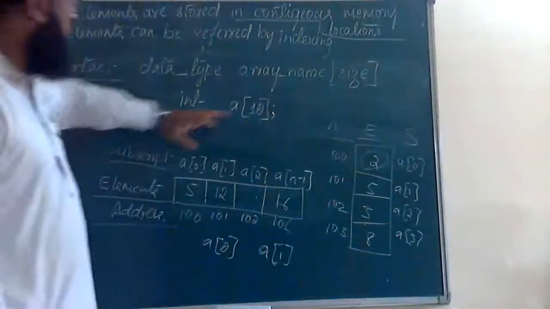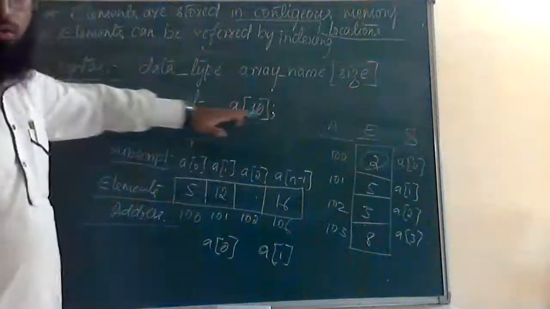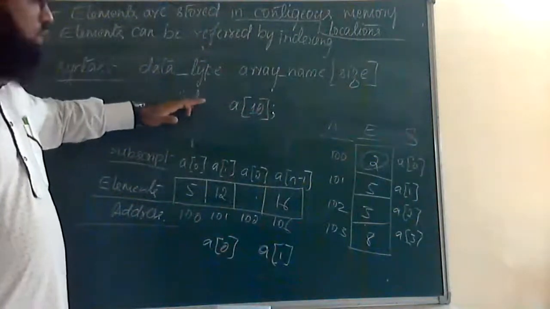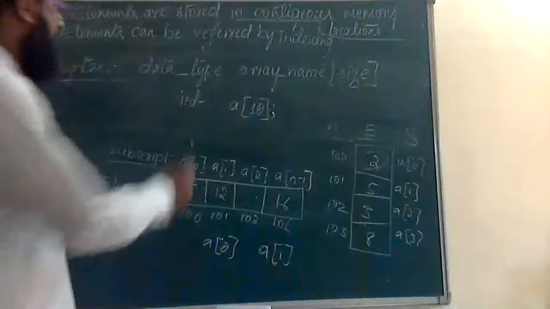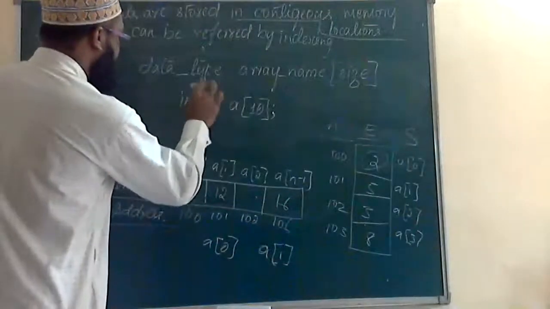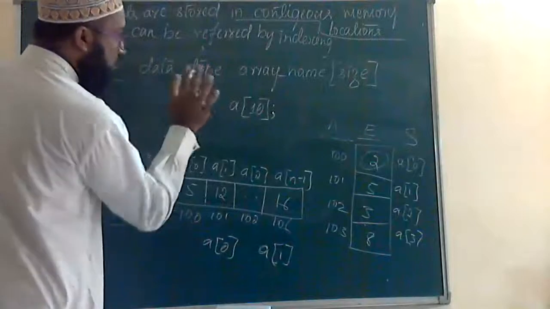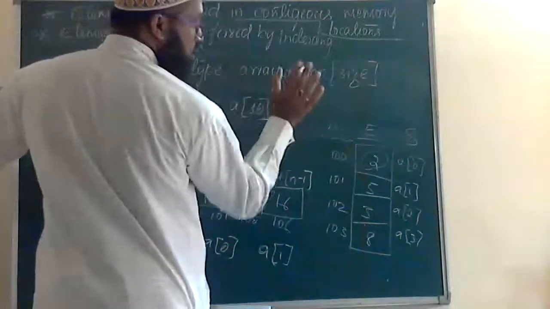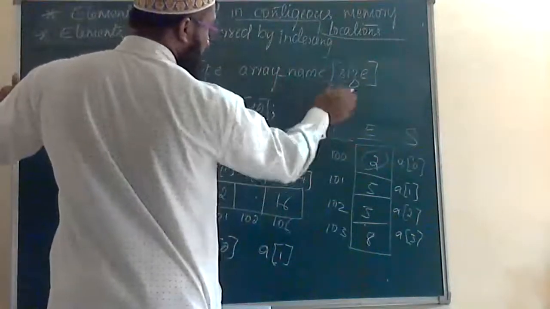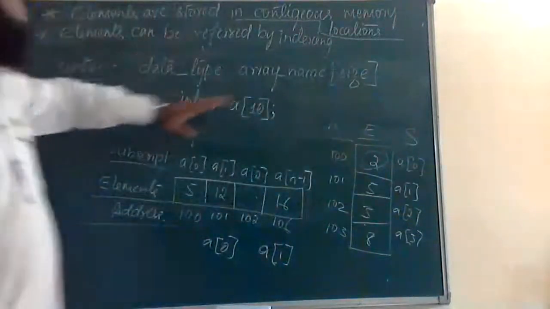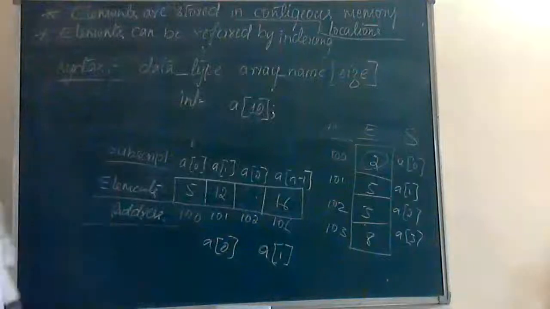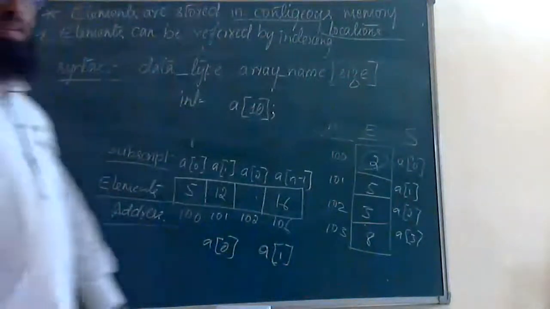Like this, we have to give the syntax of a one-dimensional array. After the data type, we have to leave one space. In the data type there must not be a space, in the array name there must not be a space, and between the array name and size there should not be a space.